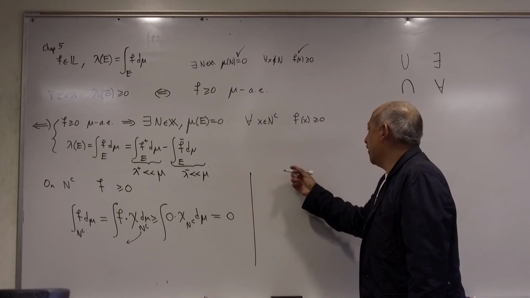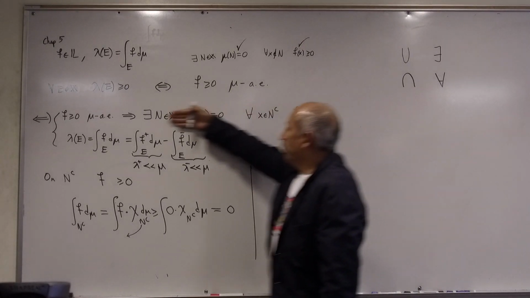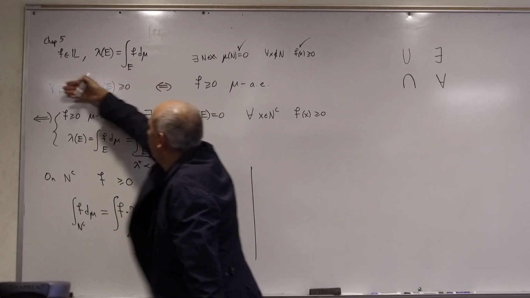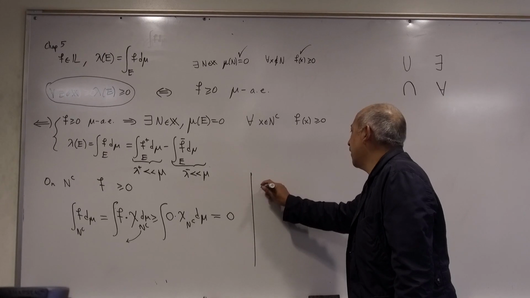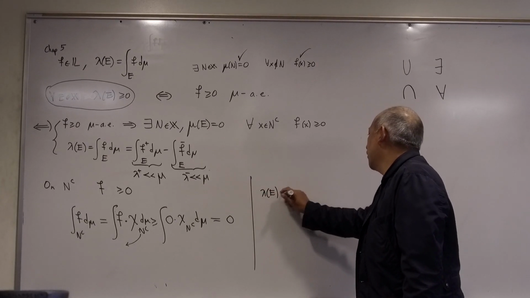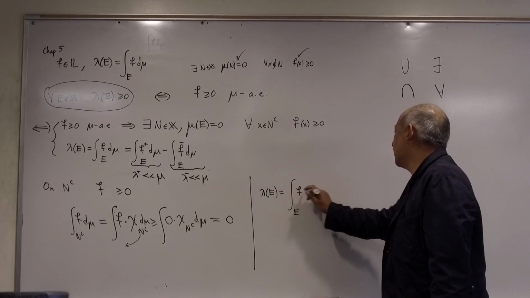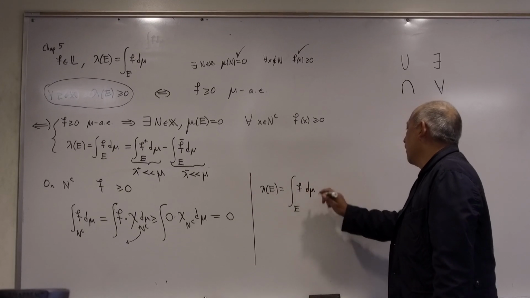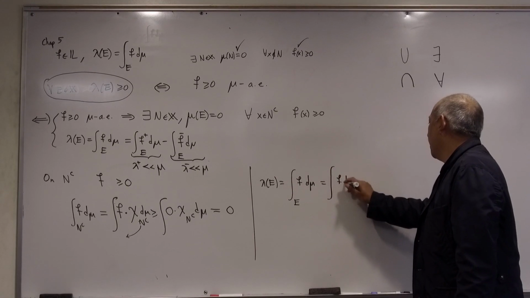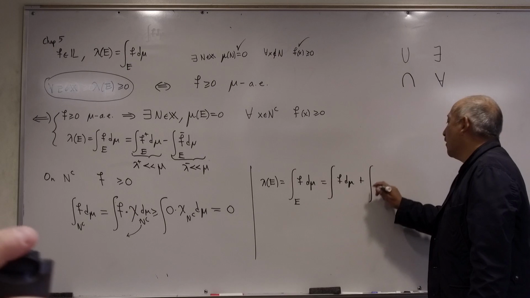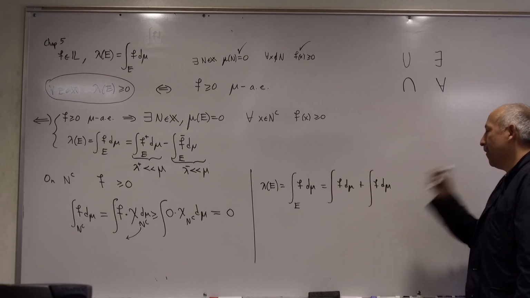So what is the integral on the E? What is what we want, guys? We go this way. We want to prove this. Yes? So let's go ahead and compute lambda of E is equal to the integral on E of f d mu. But do you agree that this is the sum of two integrals? And see if you can help me. Not the difference, the sum of two integrals. What goes here and what goes here?